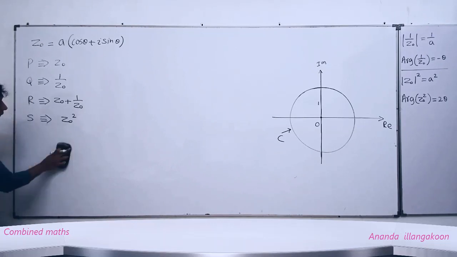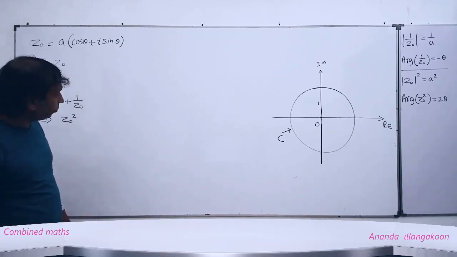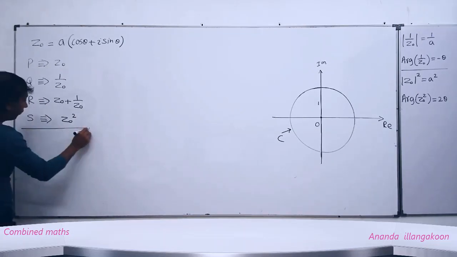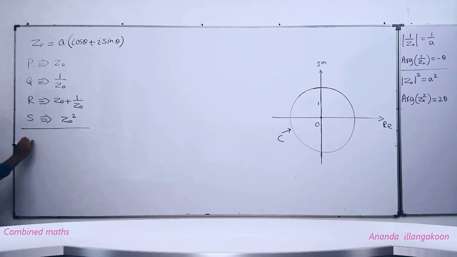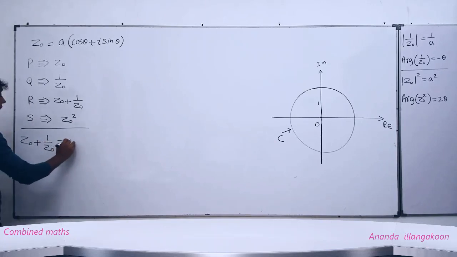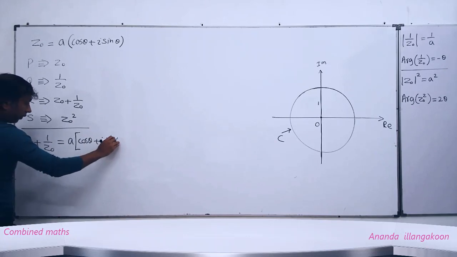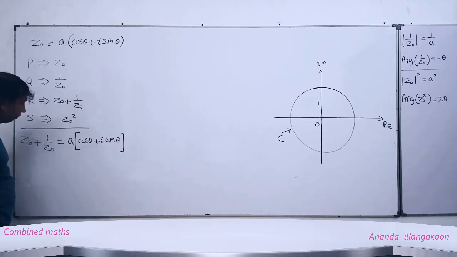Now, Z naught plus 1 upon Z naught is equal to Z naught, meaning A times (cos theta plus I sin theta). We'll find that later, it is much easier to discuss that part later.